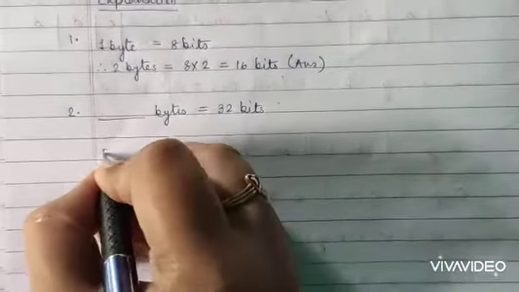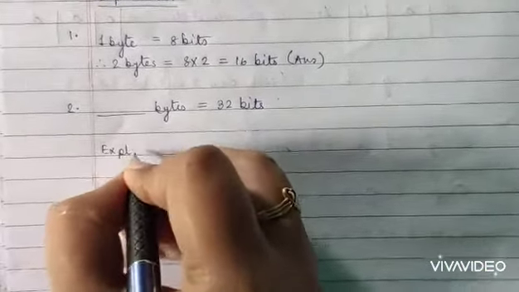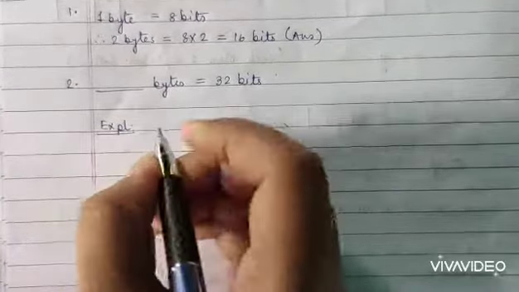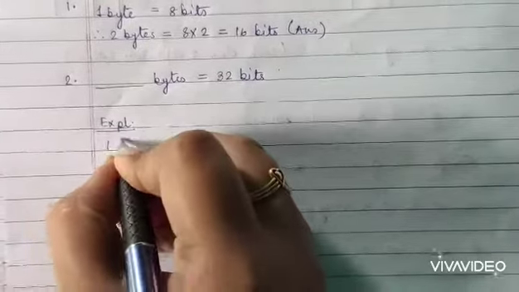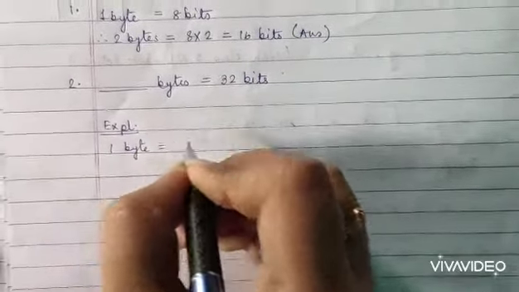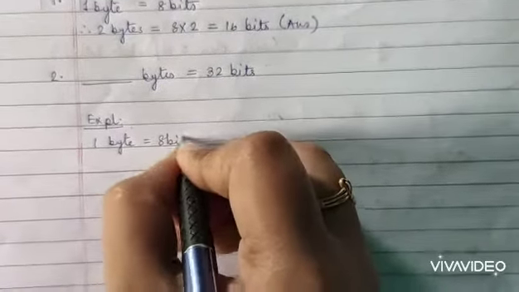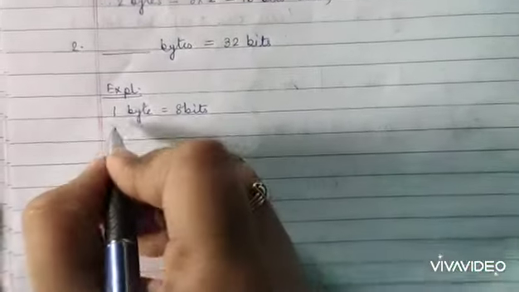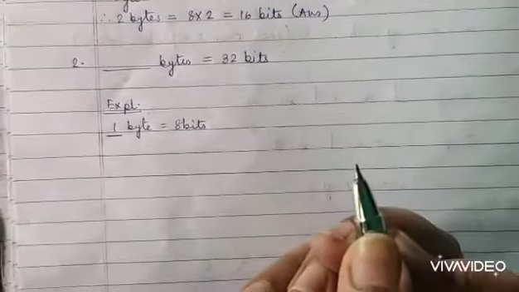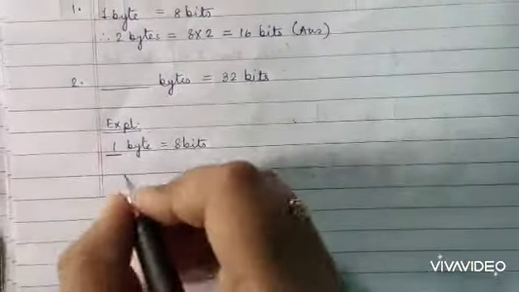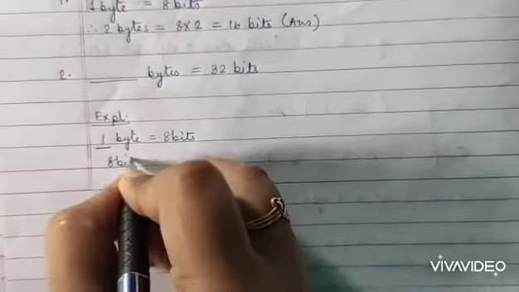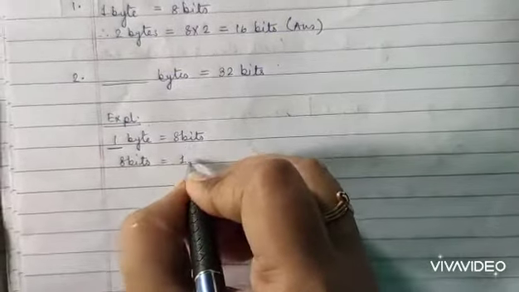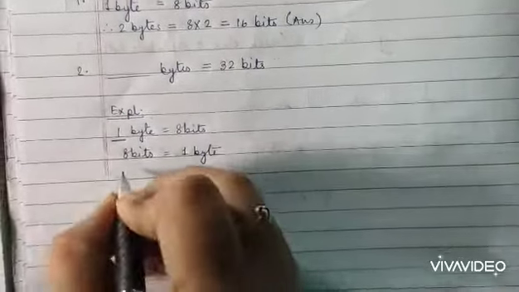So the explanation is that 1 byte is equal to 8 bits. So here you just put the blank, okay? Means vice versa, like 8 bits equal to 1 byte.